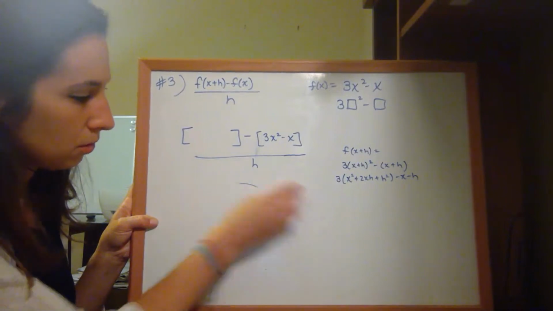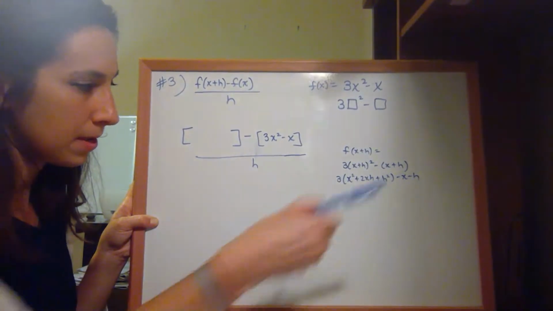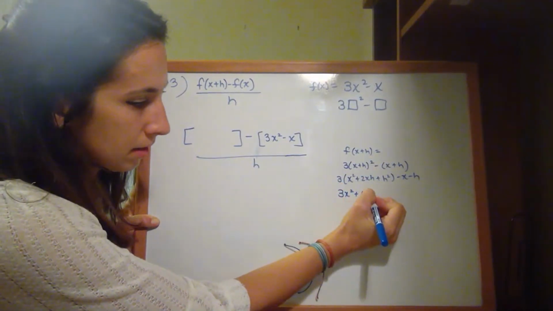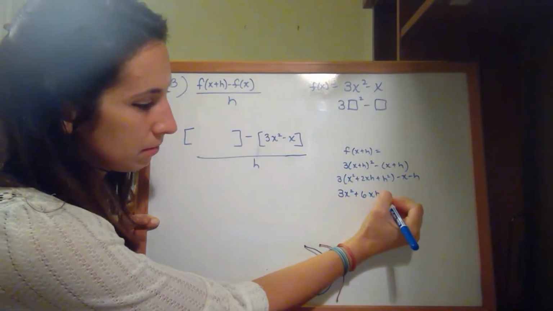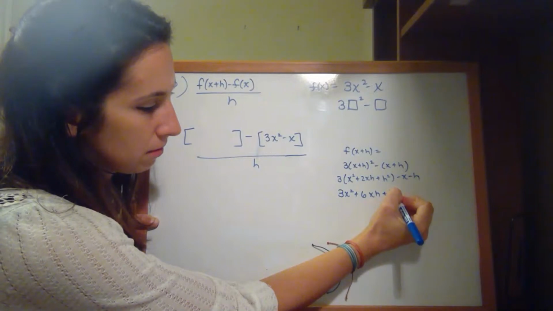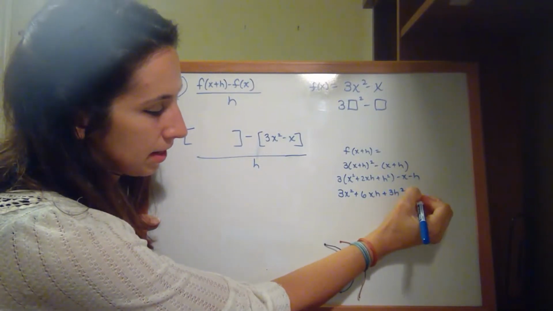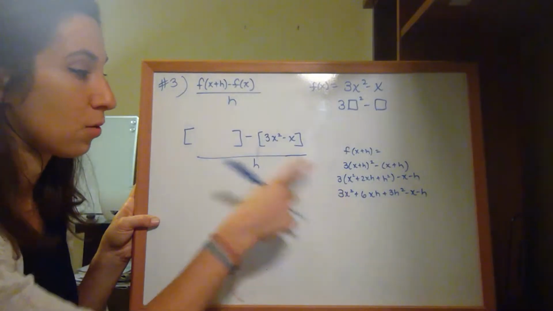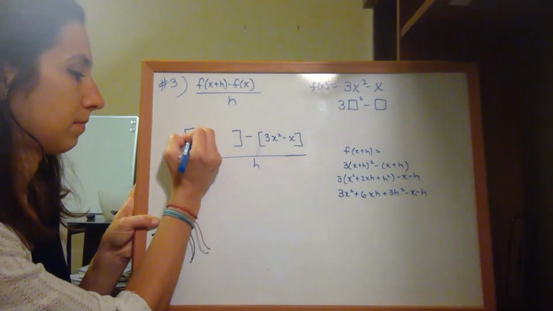Okay, so I'm going to distribute that 3. And I get 3x squared plus 6xh plus 3h squared minus x minus h. And all of that has to go in this set of brackets.